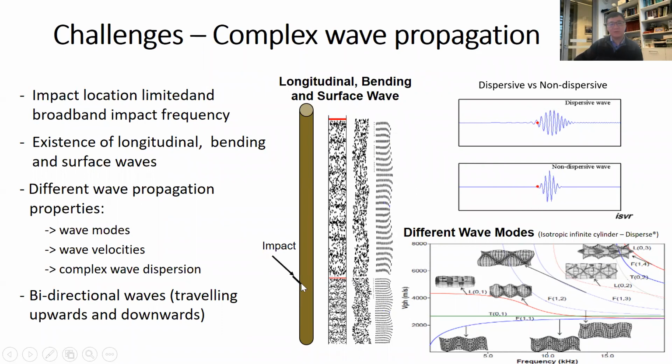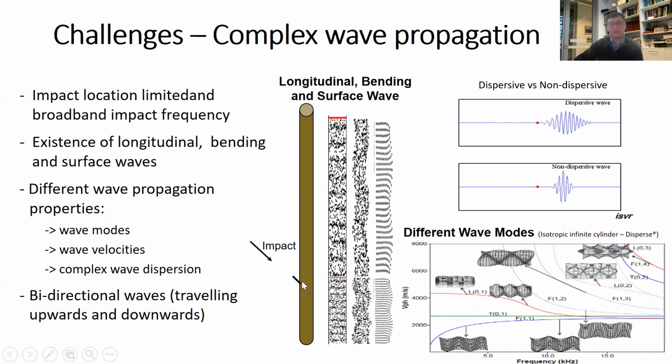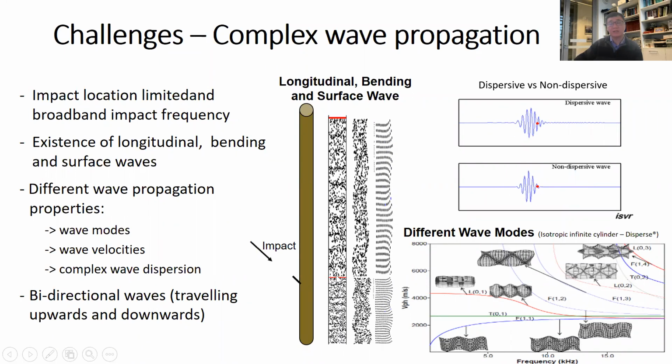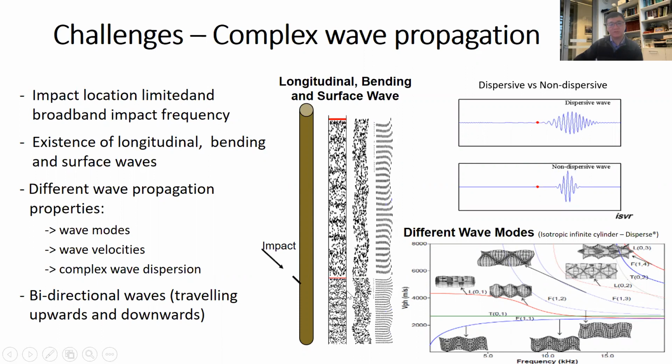If you impact a pole in that direction or induce some excitation, likely you will induce not one but three types of wave: longitudinal wave, bending wave, and surface wave. Also, the wave goes in two directions after impact. It's a bi-directional wave, one going up and reflecting back, and one going to the bottom, reflecting back and meeting somewhere and keeping going like that.